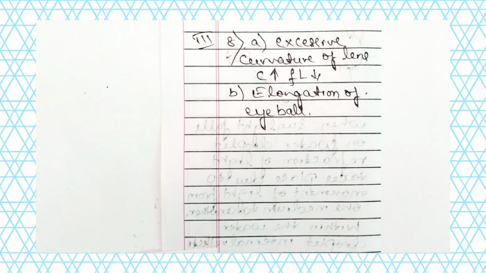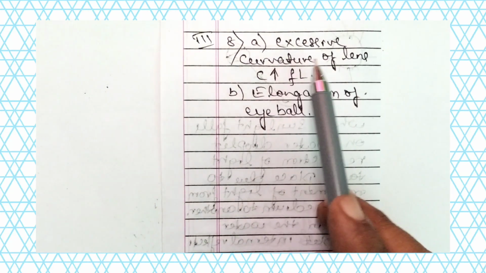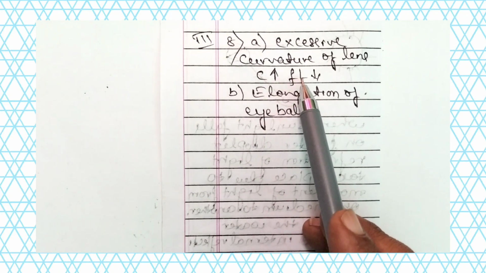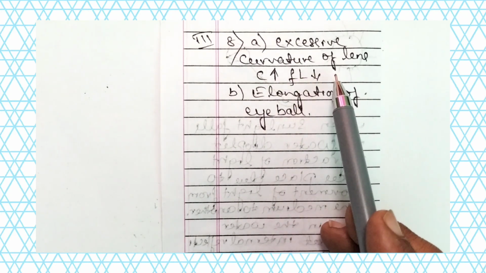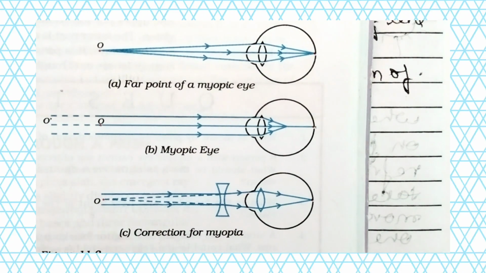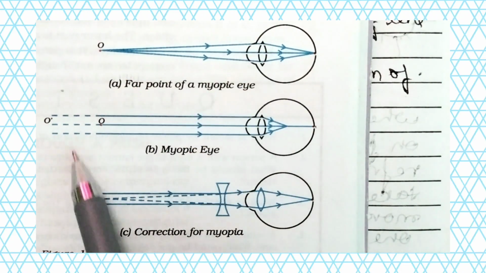So these are the two causes for myopia. Due to excessive curvature of the lens, as the curvature increases, focal length decreases. Therefore, the image is formed in front of the retina but not on the retina. So this is the diagram that you have to draw for correction.